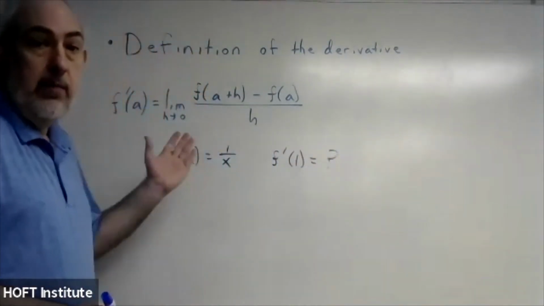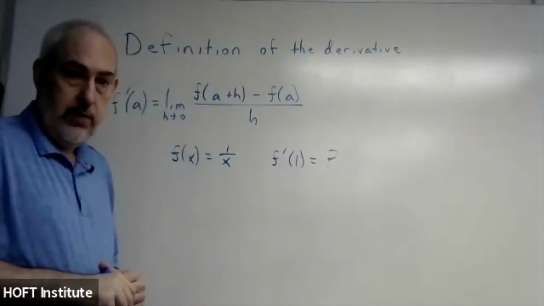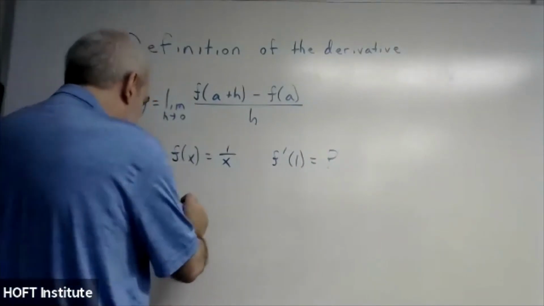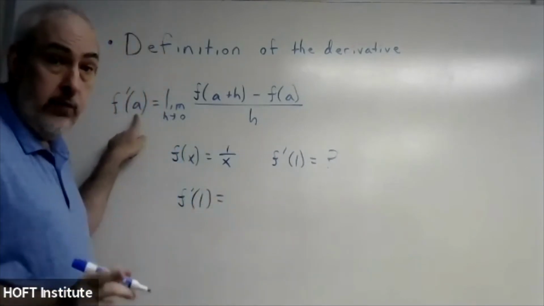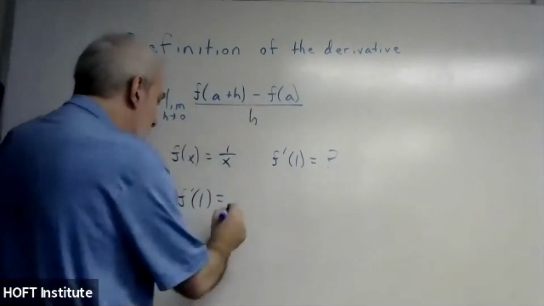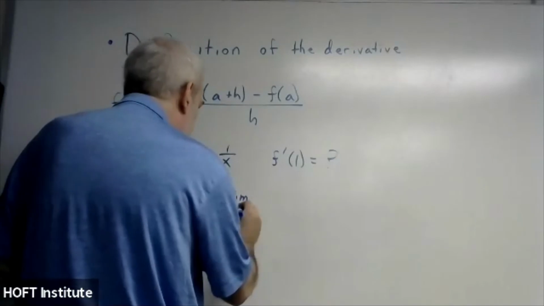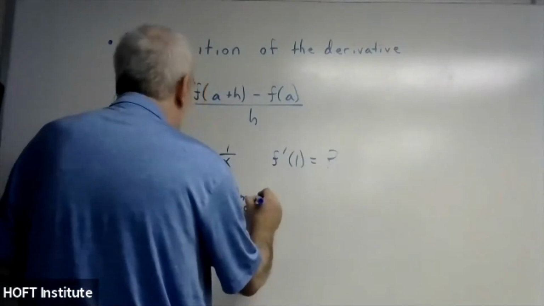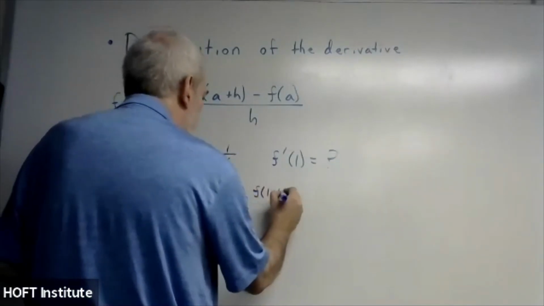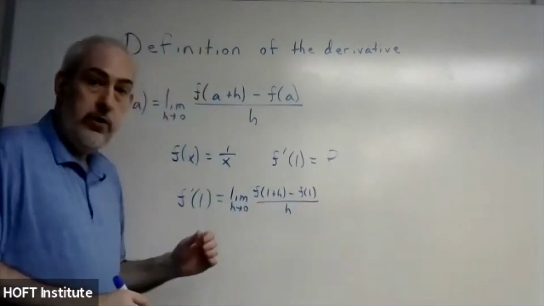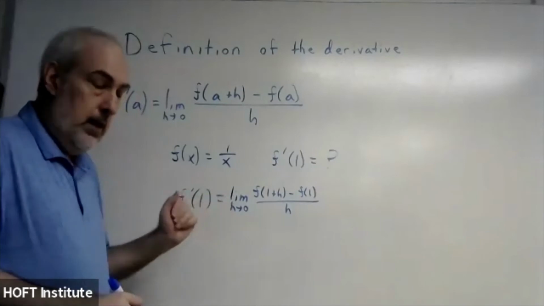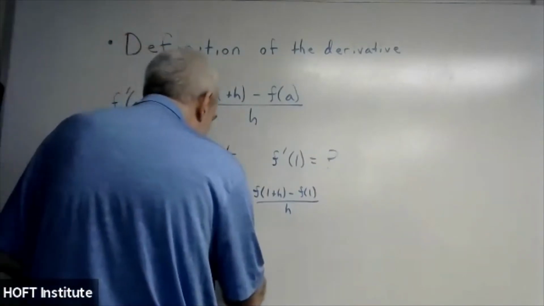This time we're going to use this definition of the derivative. Since I'm trying to do the derivative at 1, a is 1. So this becomes the limit as h approaches 0 of f of 1 plus h minus f of 1, all over h.